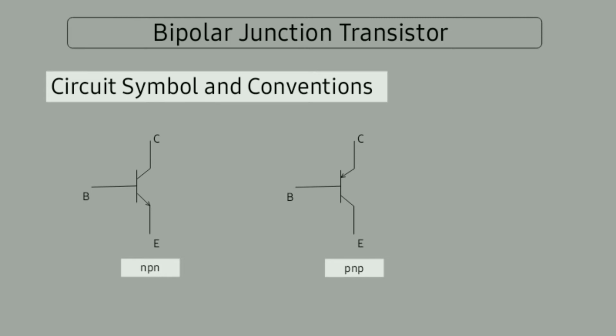Therefore, the current flows from collector terminal to the emitter in the NPN transistor. In PNP transistor, the flow of current runs from emitter to collector. As a result, PNP transistors switch on by a low signal, whereas NPN switches on by a high signal.